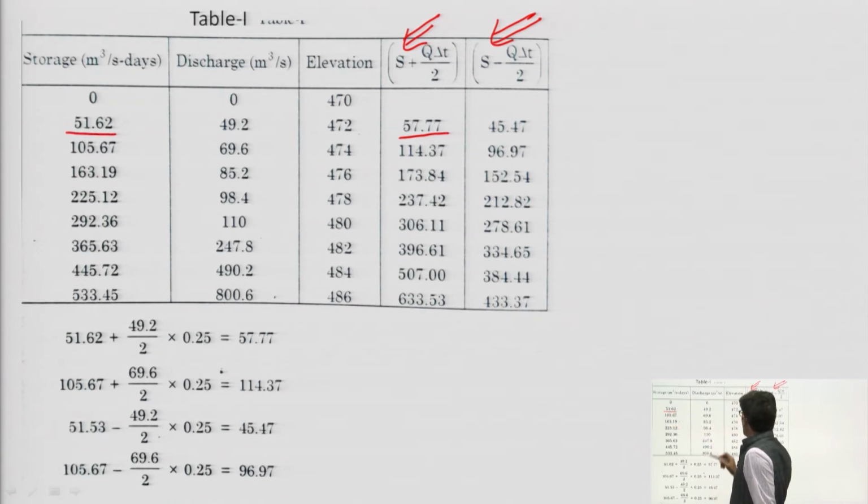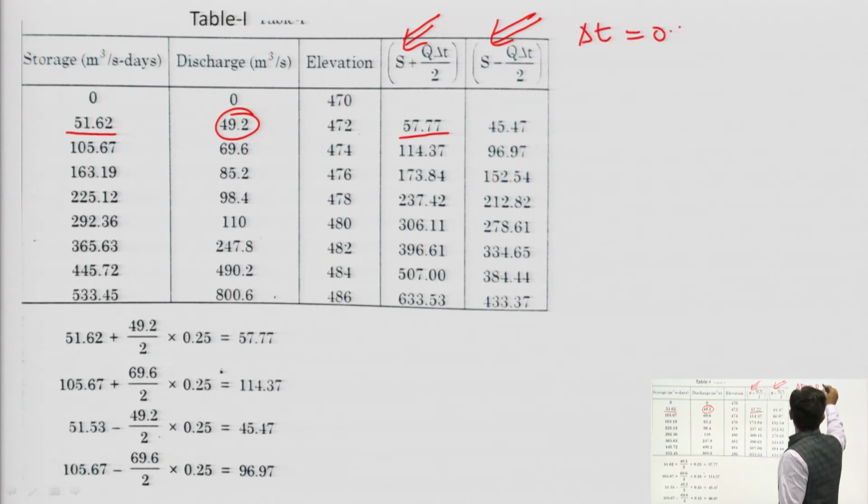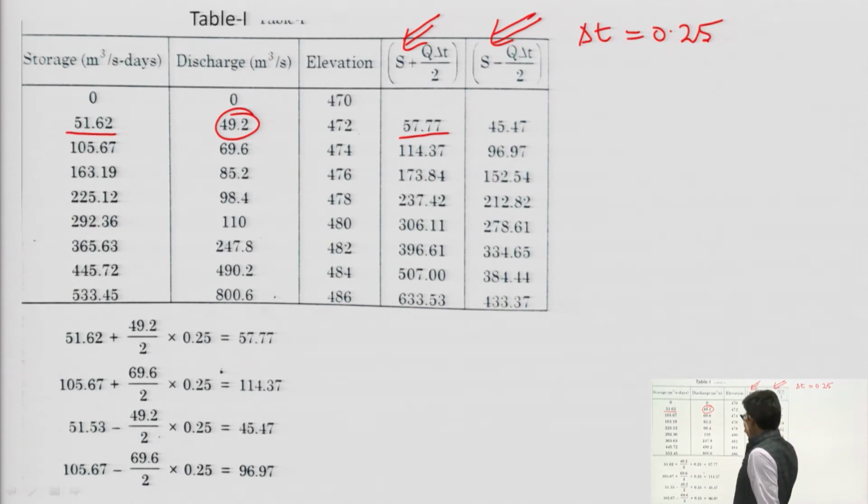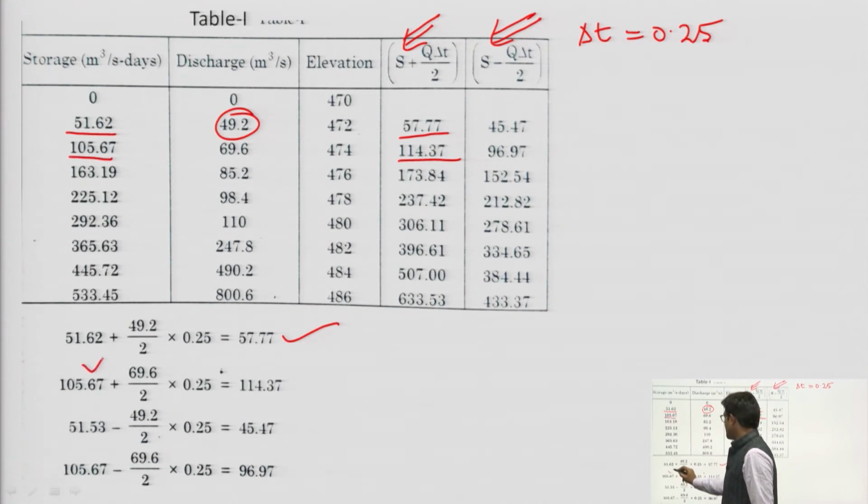This is storage plus Q, which is 49.2, and delta T we know here is 0.25, so we get 57.77. Similarly, this data is calculated with the storage S plus discharge value 69.6 divided by 2 multiplied by 0.25, and we get the value 114.37.